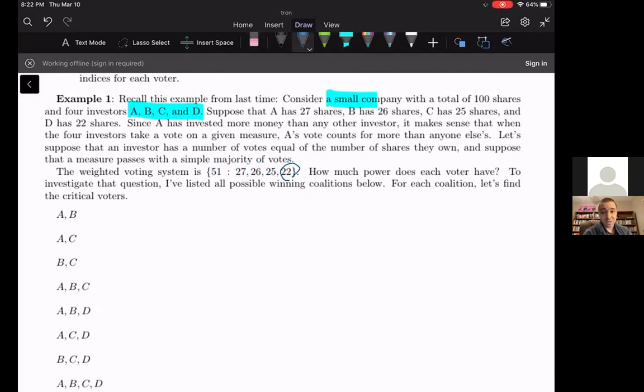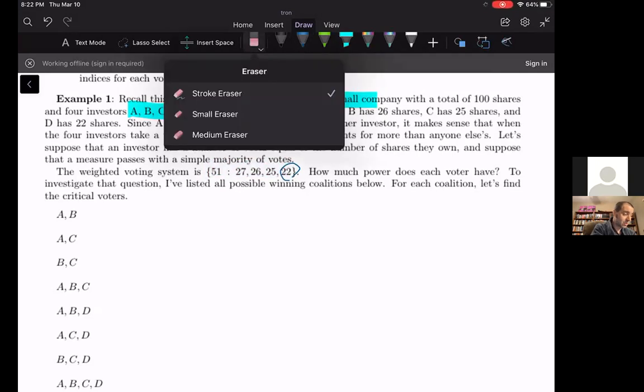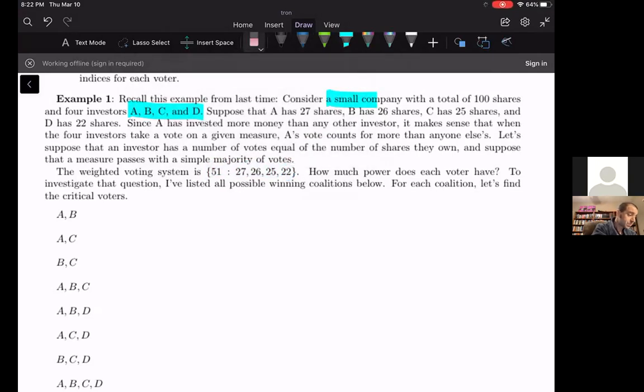They should expect to have the least power. But they invested in this company, they paid money to get these 22 shares. If you ask them, should you have some power? They would say, yeah, I should have some power. That's why I invested. So let's see what the power dynamics actually are.